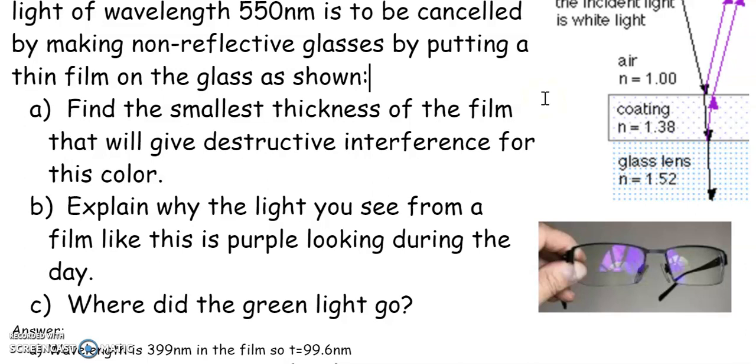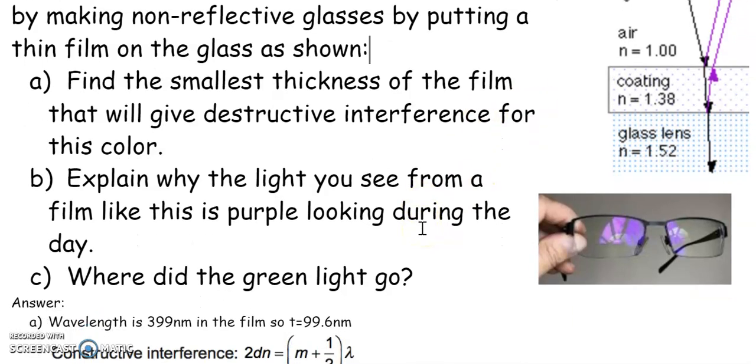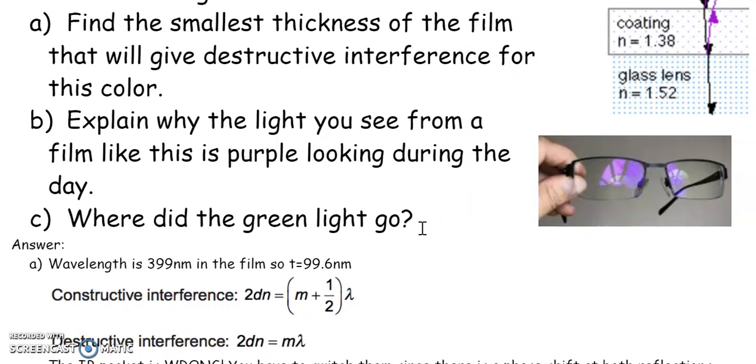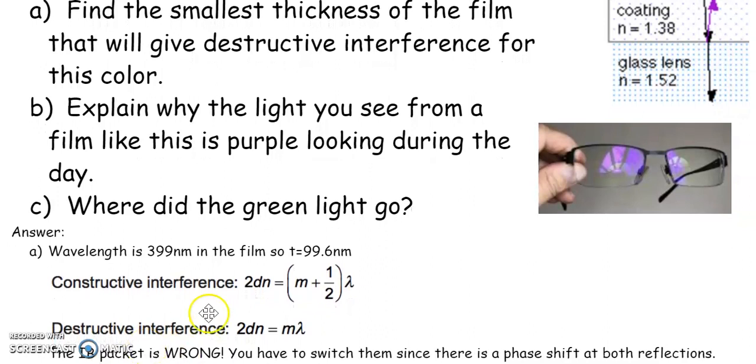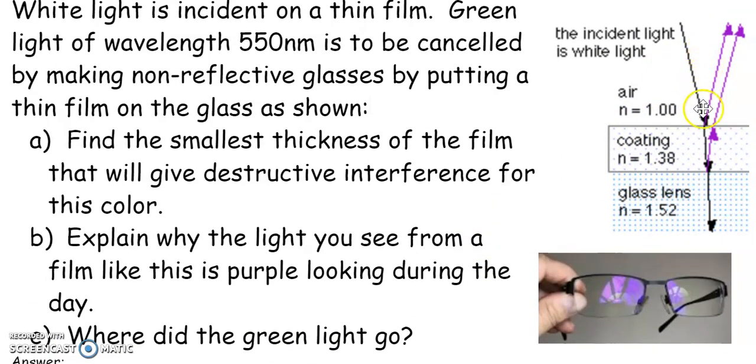Okay. What if all of this, like doing it in your head, understanding the problem, you just want to check it with the IB equations? That's also something you should be able to do. So let's take a look. If you look at the actual IB questions, which is what they're giving here, they're wrong. And they're wrong because these IB equations, remember, are assuming that we have phase shift at one, but not at the other.